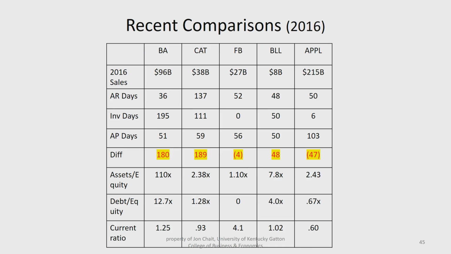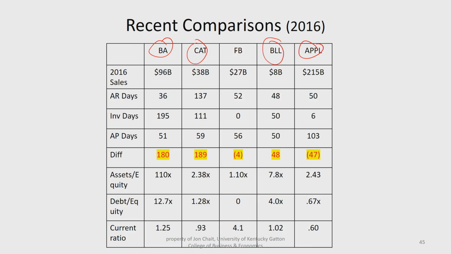If we look at comparing those companies to some other companies here, here's BA is Boeing, CAT is Caterpillar, Facebook. This is a company called Ball. It's a manufacturing company, and then Apple, of course.